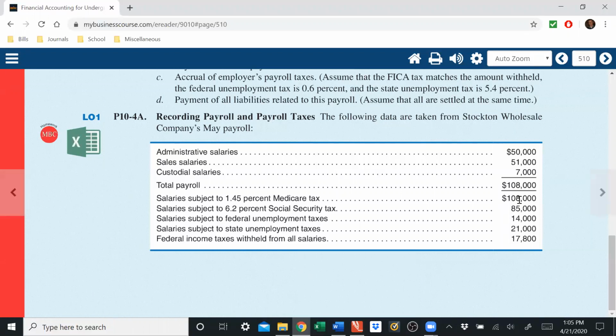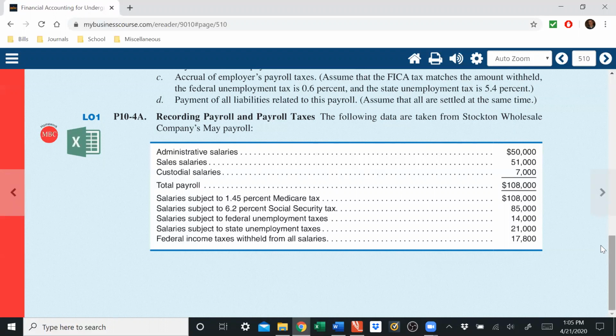All of that is subject to the 1.45% Medicare tax. 85,000 of the 108 is subject to the 6.2% Social Security tax. 14,000 of the 108,000 is subject to federal unemployment taxes. 21,000 of the 108 is subject to state unemployment taxes. And the federal income taxes that are withheld from all salaries is 17,800.